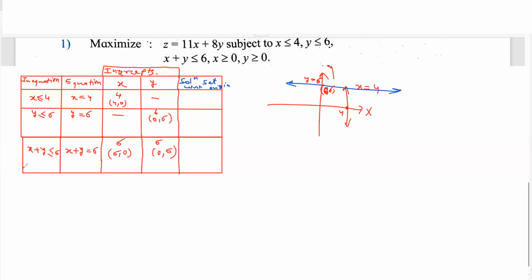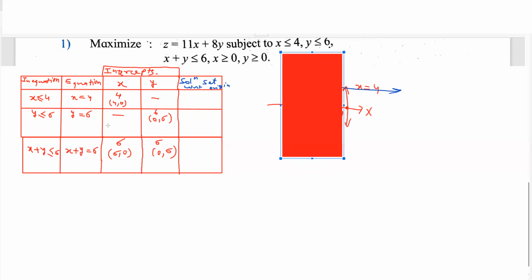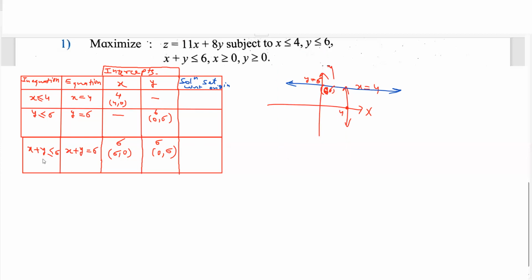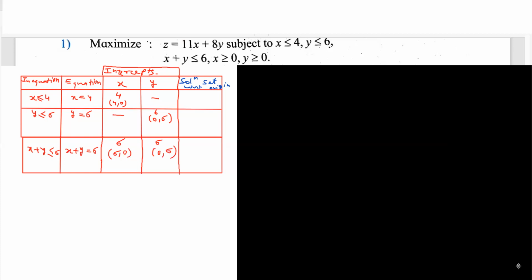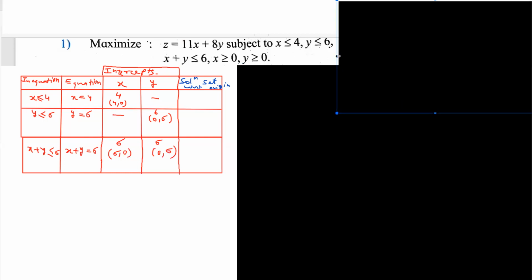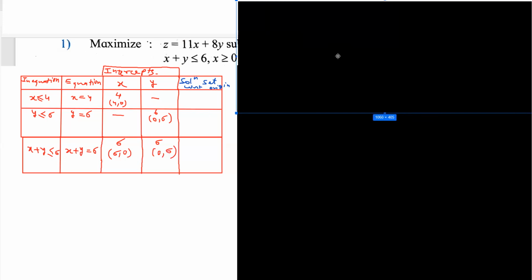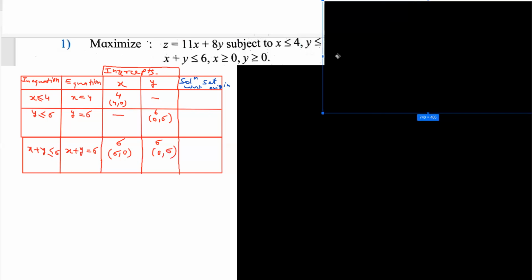The next step is now I go for the graphical solution. I will have to plot the graph, which you already know how to do. Okay, one more thing, students. x greater than or equal to 0 and y greater than or equal to 0.